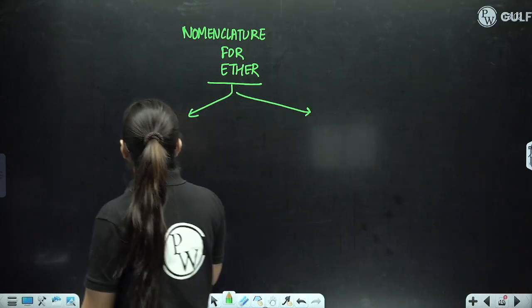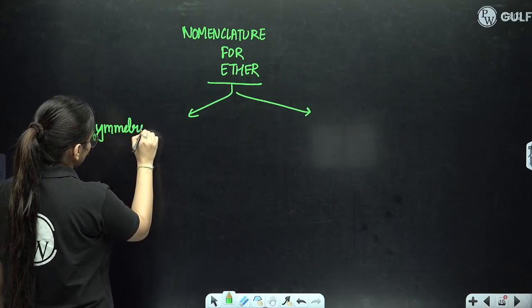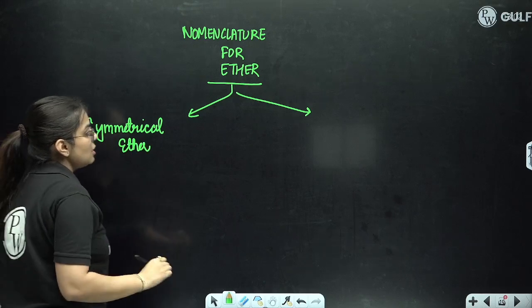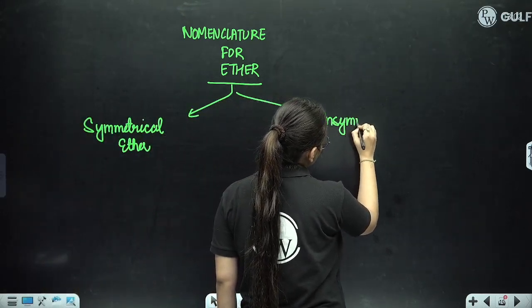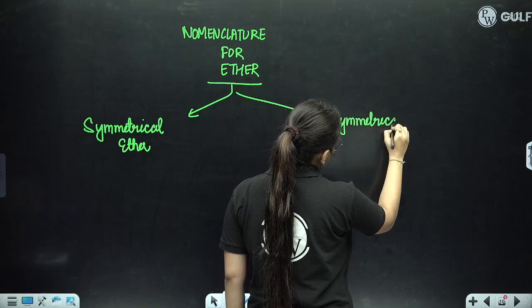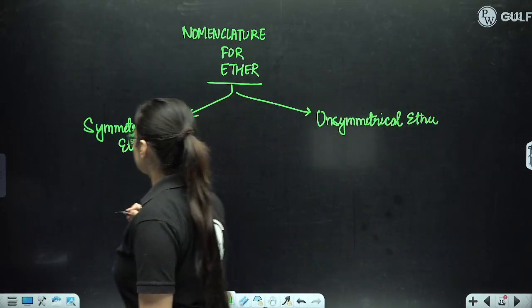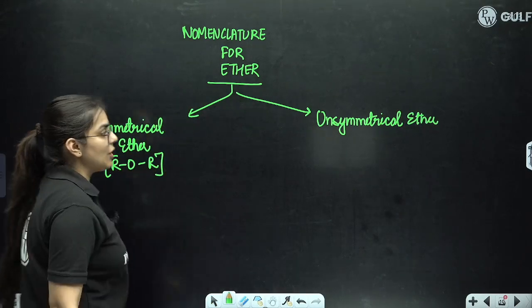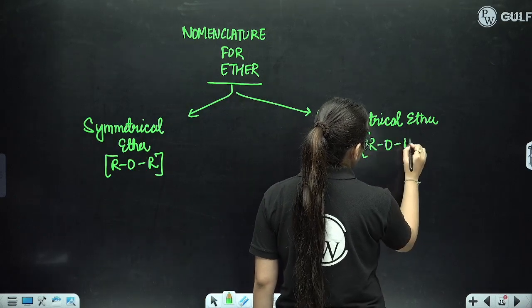Coming to the nomenclature of ether, we have symmetrical ether, and the second one is unsymmetrical ether. When I am writing about symmetrical ether, that means its general formula is ROR, and if I am talking about unsymmetrical ether, its general formula is ROR dash.